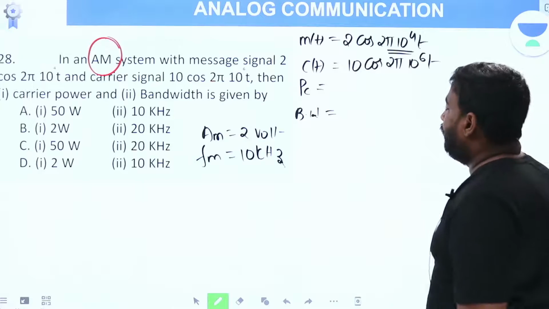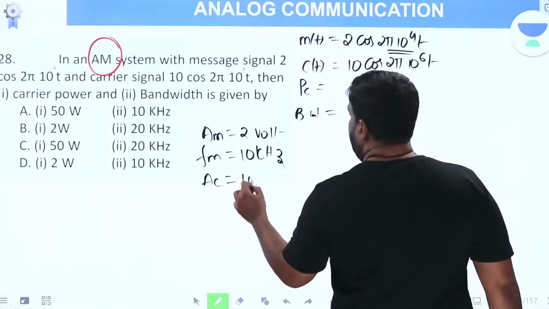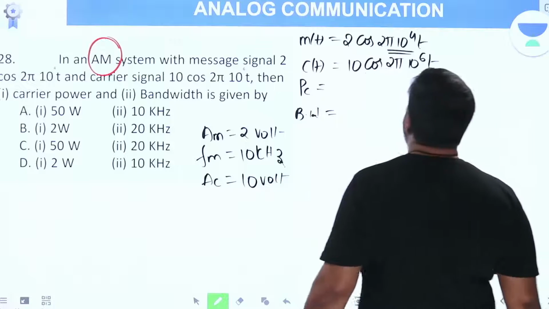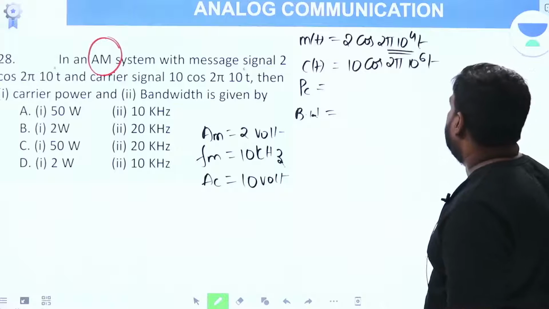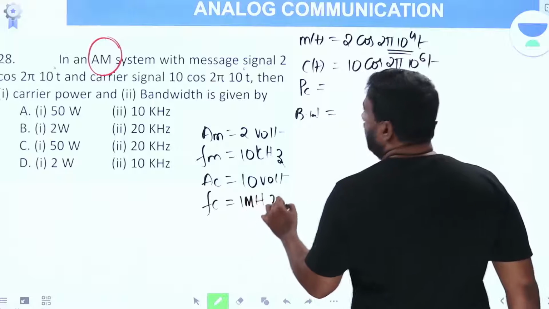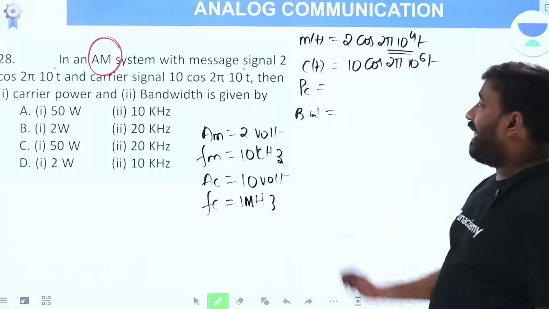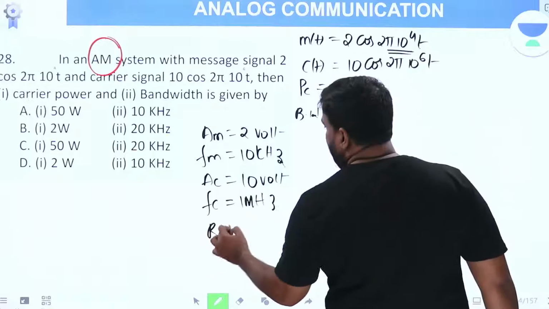Now, fm is 10 kilohertz, Ac is 10 volt, fc is 1 megahertz. It is asking us to find the carrier power. R is not given, which means 1 ohm.